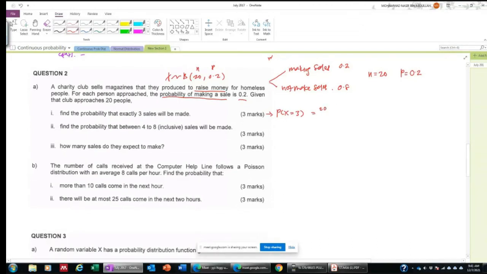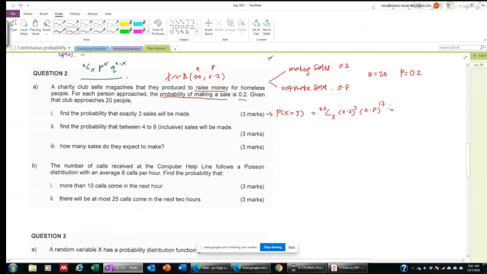Remember, the binomial formula is n choose x, p to the power of x, q to the power of n minus x. So 20 choose 3, 0.2 to the power of 3, 0.8 to the power of 20 minus 3, which is 17.